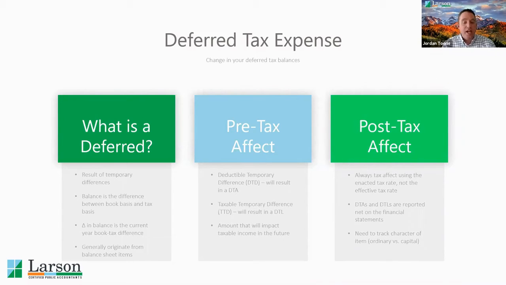DTLs are your taxable temporary differences. Once you apply the tax rate, you have a deferred tax asset or deferred tax liability. Before you apply the tax rate, you have your deductible temporary difference or taxable temporary difference. Essentially, these are the amounts that impact your taxable income in the future.